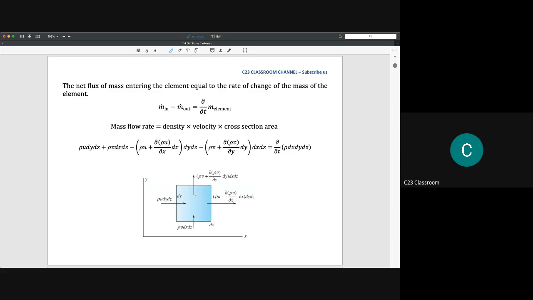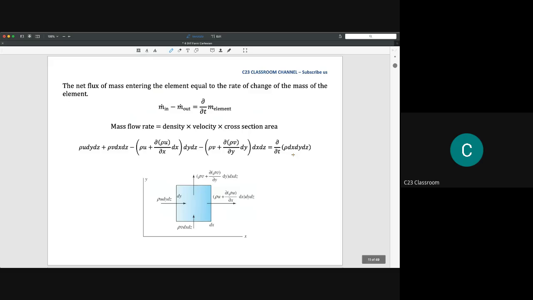Then we have two outlets, and we sum all the outlets here by having minus rho u here and another minus for rho v here, and then it is equal to d dt for mass. For d dt for mass, first we write del over dt, and then for mass here we write rho and v.